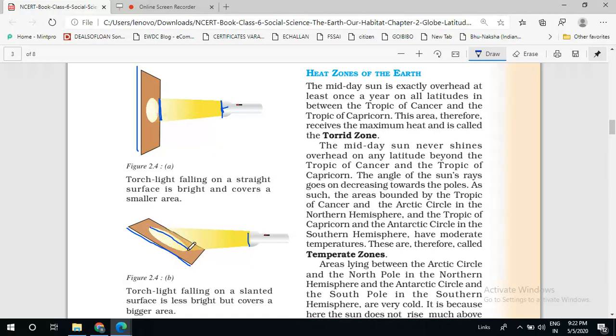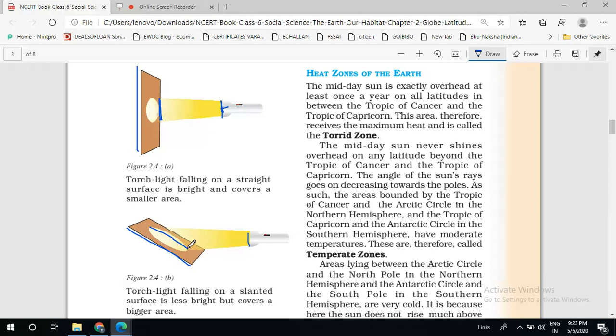So, what will be the consequence of this situation? Because the amount of light is the same, but the area covered by that light is different. When the surface is straight, the area covered is smaller compared to the area covered by the torch when the surface is slanting.